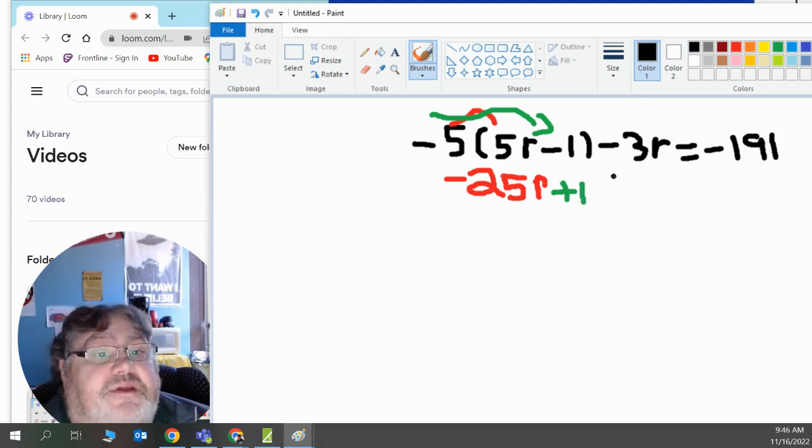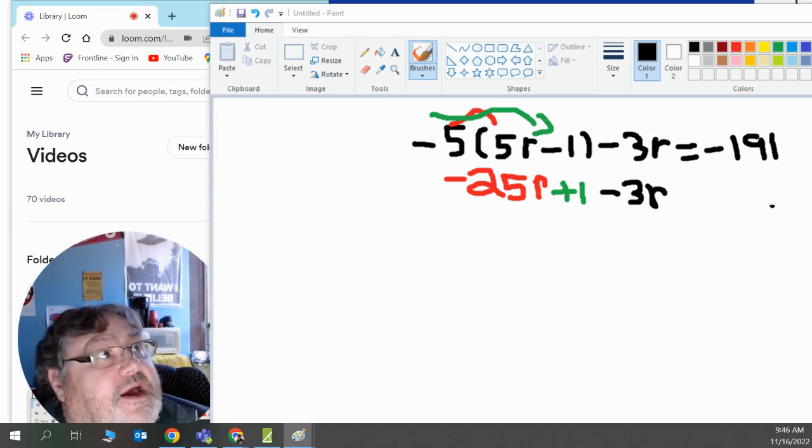I'm going to drop down the negative 3r, minus 3r, and I'm going to make that equal to negative 191.